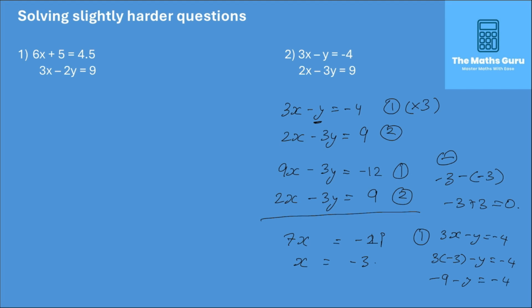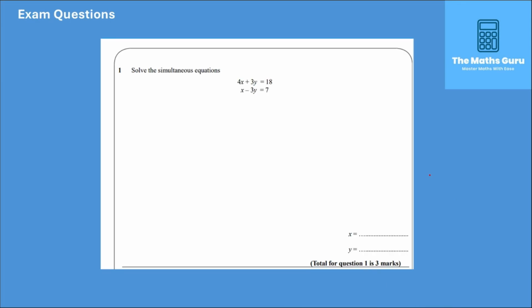Putting the numbers on one side and the letters on one side, we get plusing 9 on both sides, we get minus y is equal to 5. And then we times through by minus 1 to get y alone by itself. So y is equal to minus 5. And this is our solution. X is minus 3 and y is minus 5.